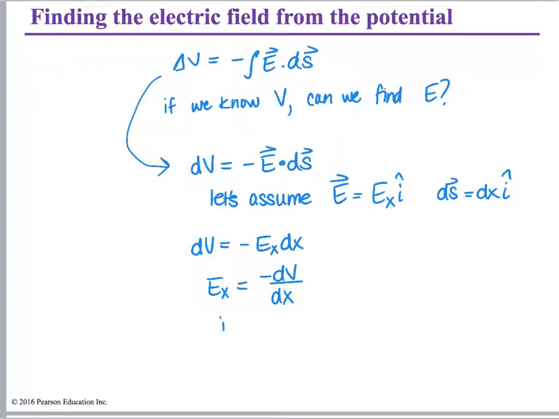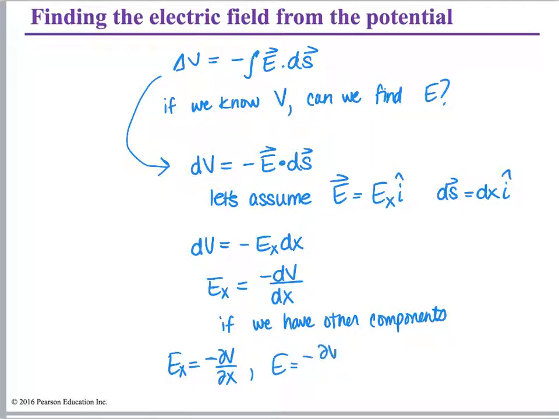If we have other components, this can be generalized to Ex is minus dV dx, Ey is minus dV dy, and Ez is equal to minus dV dz.